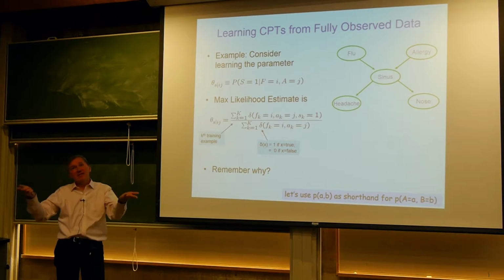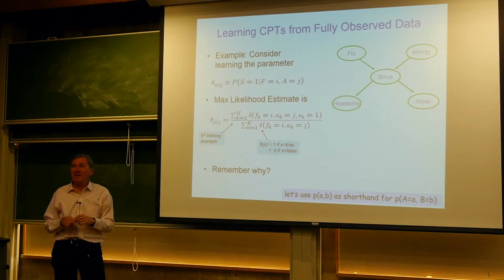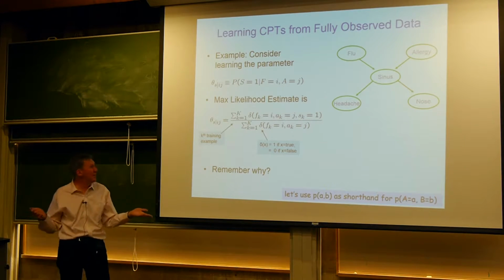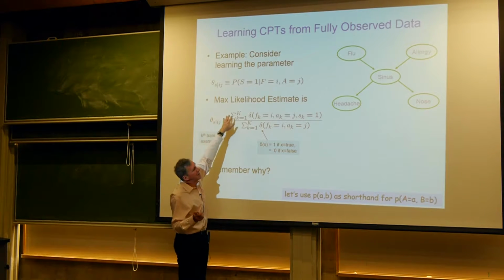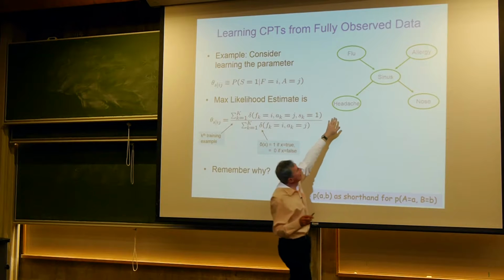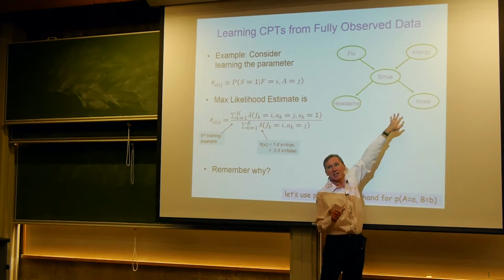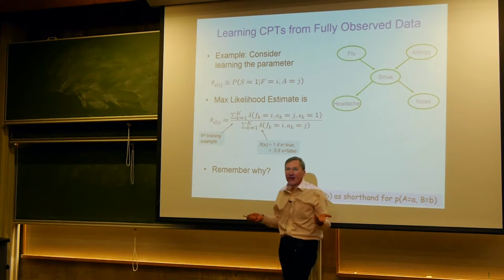And the good news, as we mentioned last time, is this is a problem we've already talked about. You already know how to do this. We can just get the maximum likelihood estimate of each of the parameters in each of the conditional probability tables in the Bayes net.